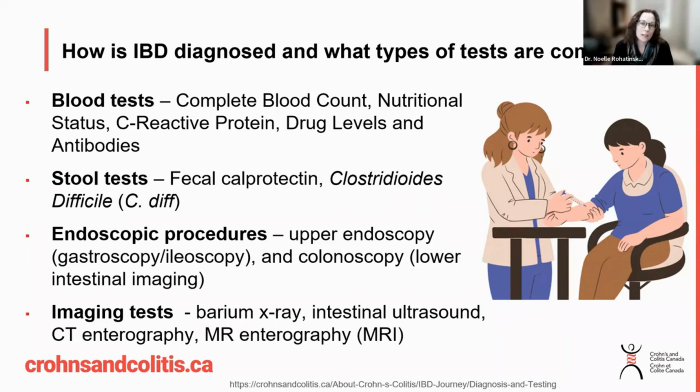They insert a flexible tube either through your mouth or up your anus, and it has a camera on it, it has a light on it, and you can see the inside of the digestive system. What's good about this type of procedure is that the specialist can take a biopsy or a tissue sample to look at the cells under a microscope.